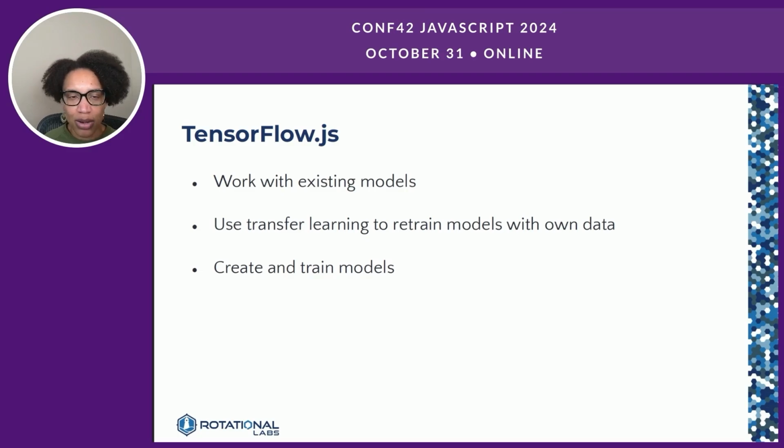So if you see a model that does something you're particularly interested in, you could potentially retrain it with your own data so that you wouldn't have to create the model from scratch, but just change the data set. However, it is possible to create and train your own models with TensorFlow.js as well.